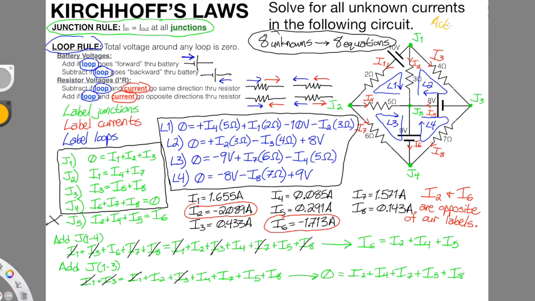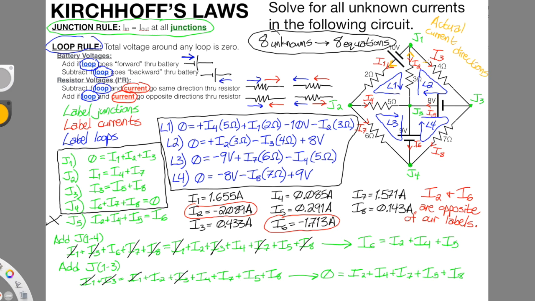So just to make that clear, my actual current directions I'm going to label on here. I1, we picked in the correct direction. I2, we picked wrong. Our number is fine, but the current actually flows up through I2.